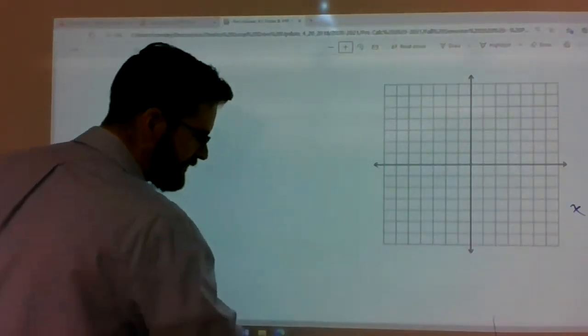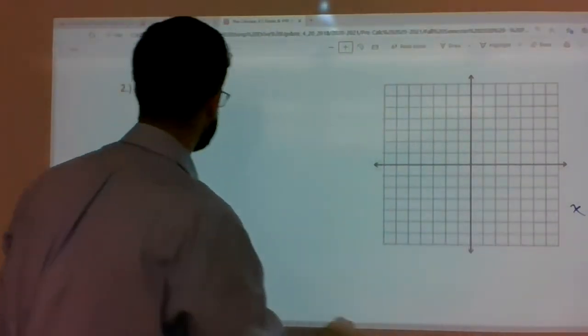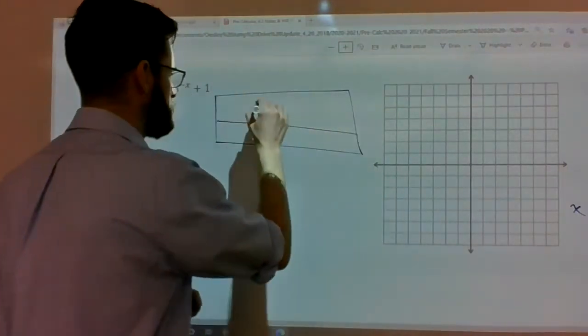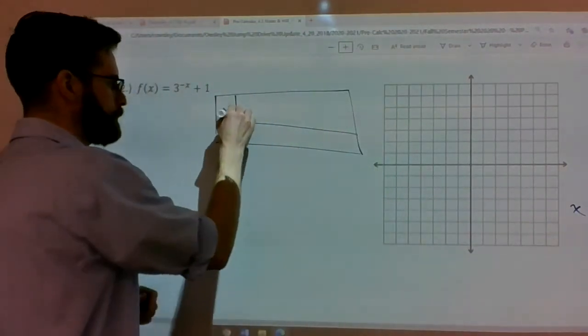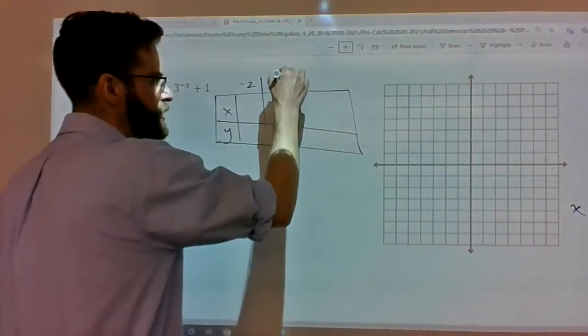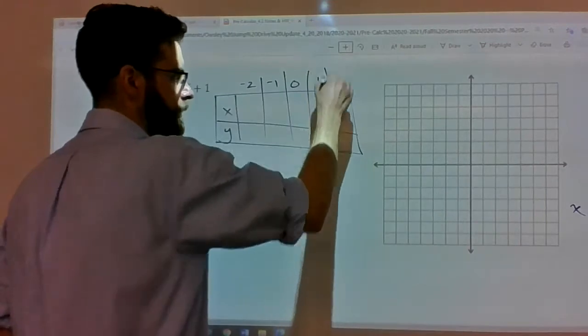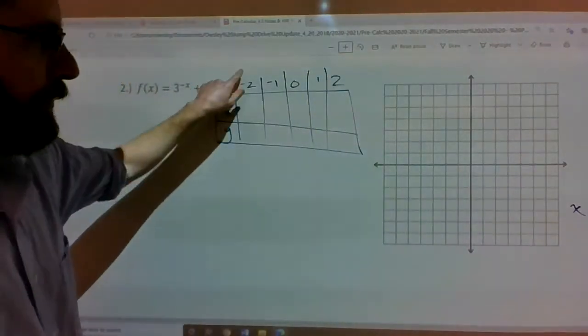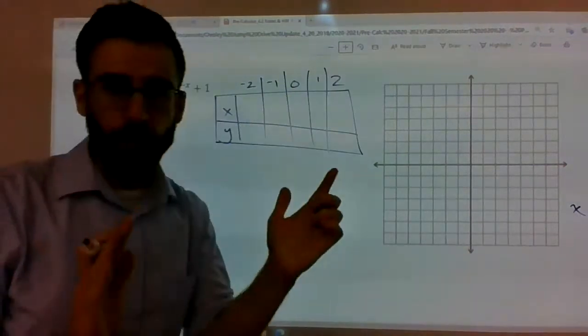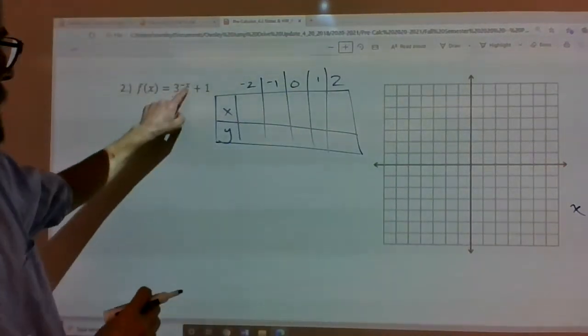So ask yourselves these questions. One, should I change my regular intervals of x equals -2, -1, 0, 1, 2? Am I adding to or subtracting from those amounts?